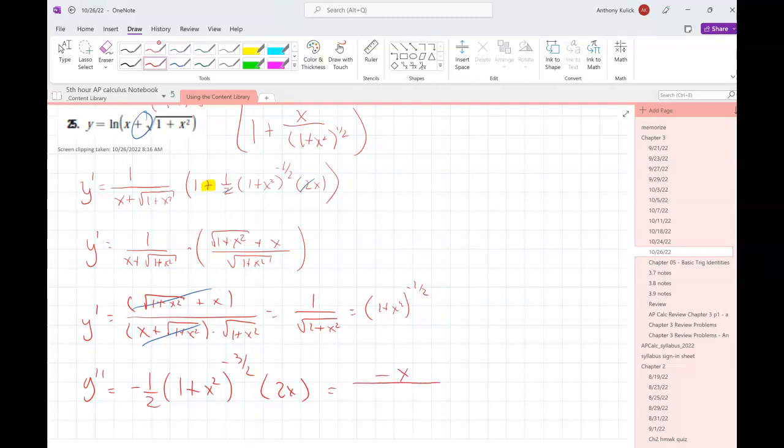So we got here negative x over square root 1 plus x squared cubed.